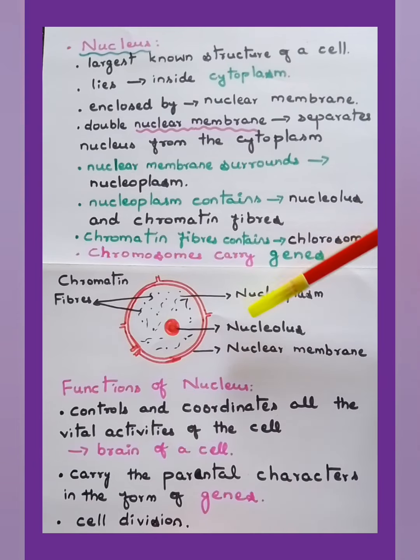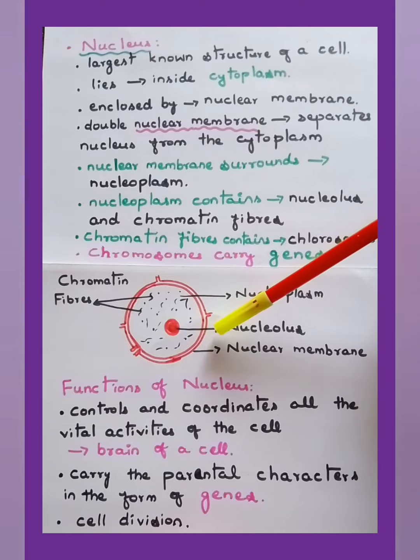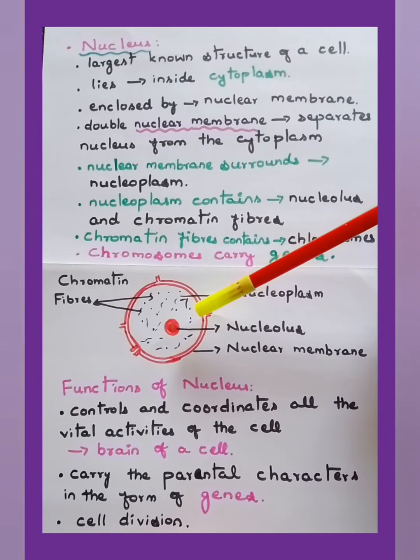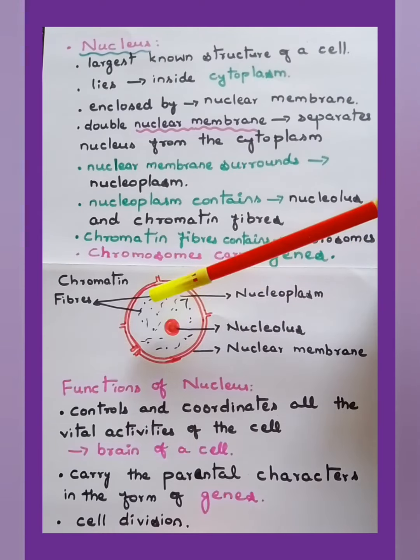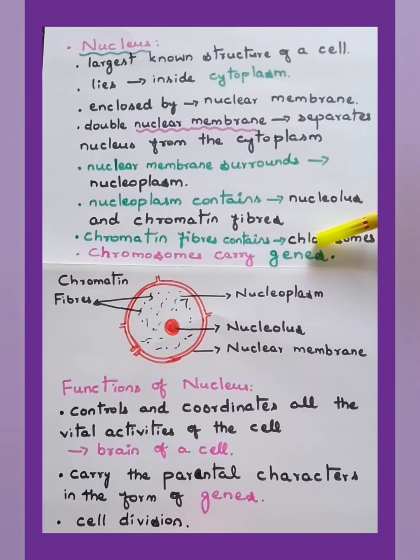So nucleoplasm may contain one or more spherical bodies called nucleolus, and there are thread-like structures called chromatin fibers. These chromatin fibers contain chromosomes, whereas chromosomes carry genes. Genes are the carriers of parental characters passed from the parents to their children. So I hope it is clear for you.